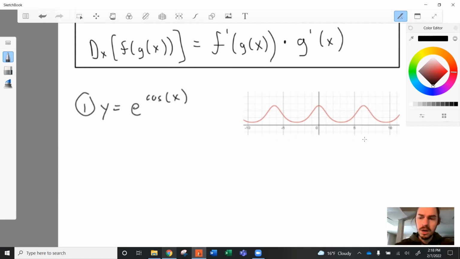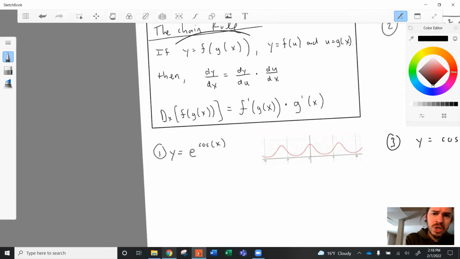Here the cosine function is stuffed inside of the e function, the exponential function with base e. What we need to do first is write the outer function and the inner function. All of these functions are in the format we'll call f of g of x. So I'm going to write down f of u and then g of x, f being outer, g being inner.